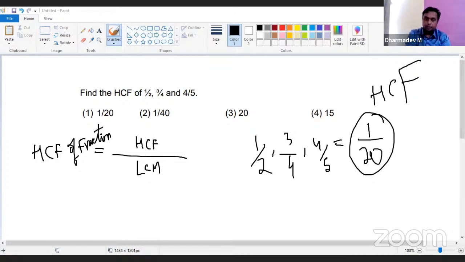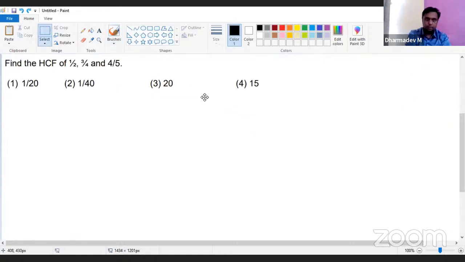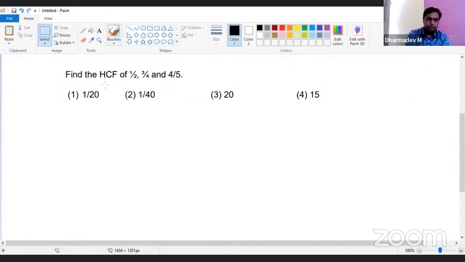Okay, now let's take the same question for find the LCM of this fraction. I'll just put it down. I'm just scrolling it below. Same question. Instead of HCF, take it as LCM. LCM of fraction.